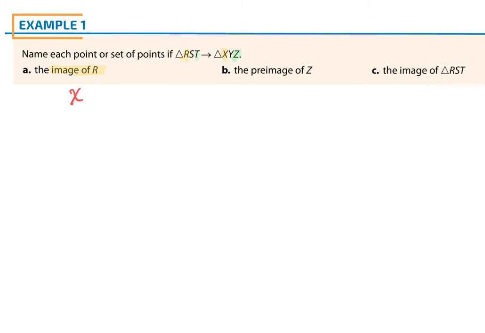Pre-image would be where it started. It started at T. So the pre-image would be point T. The image of RST. That is the entire triangle. This is the pre-image. So the image would be triangle XYZ. Just know your terminology. Know your terminology. Because there will be times when it says give the coordinates for the pre-image or give the coordinates for the image, and you need to know which one it's talking about.